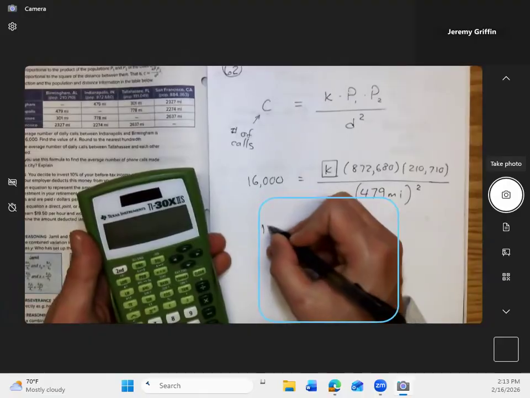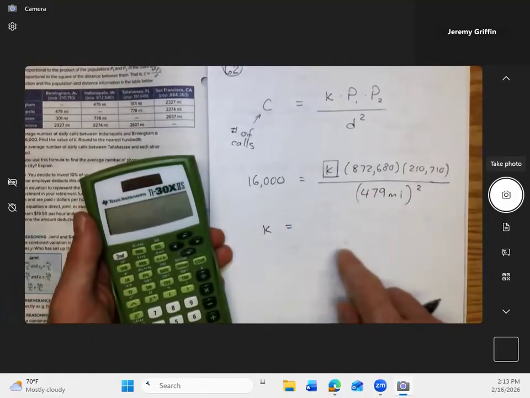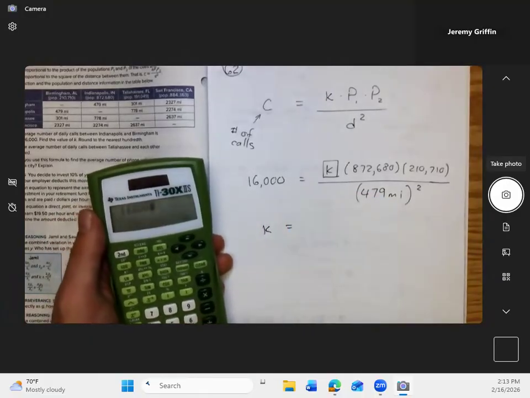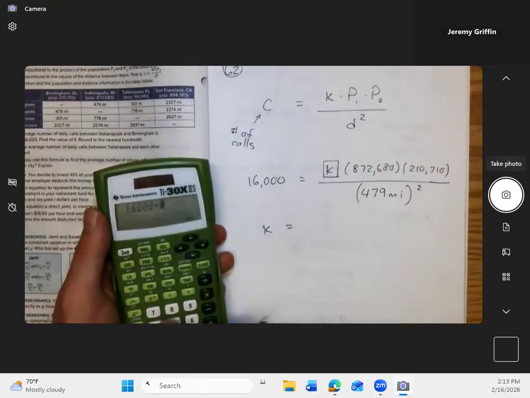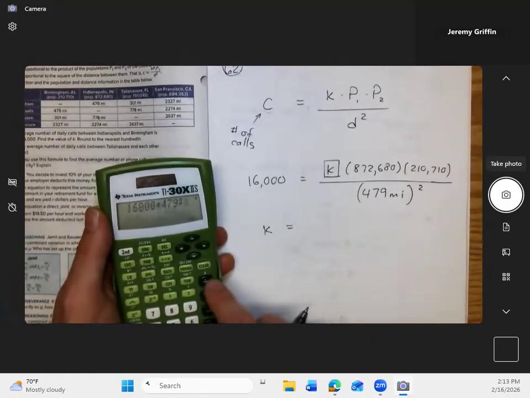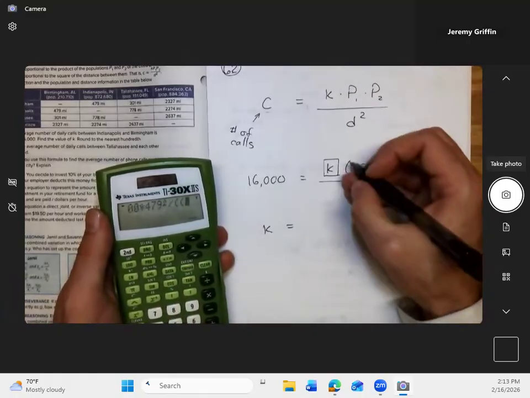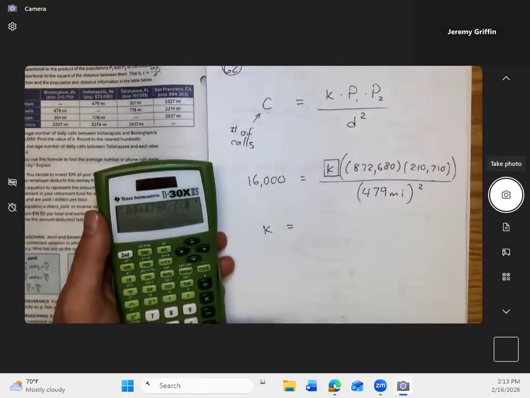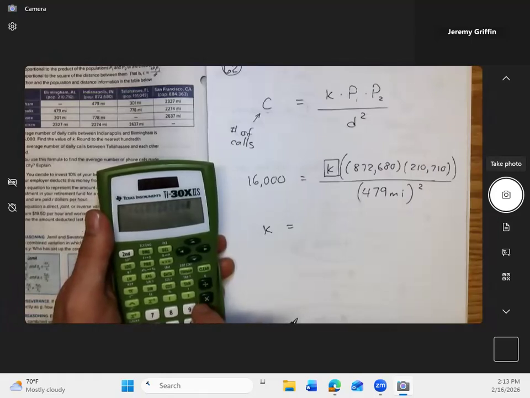Okay, so now I can get K by taking my 16,000 calls, multiplying by 479 squared, and dividing by each of these numbers: 872,680, and then 210,710.